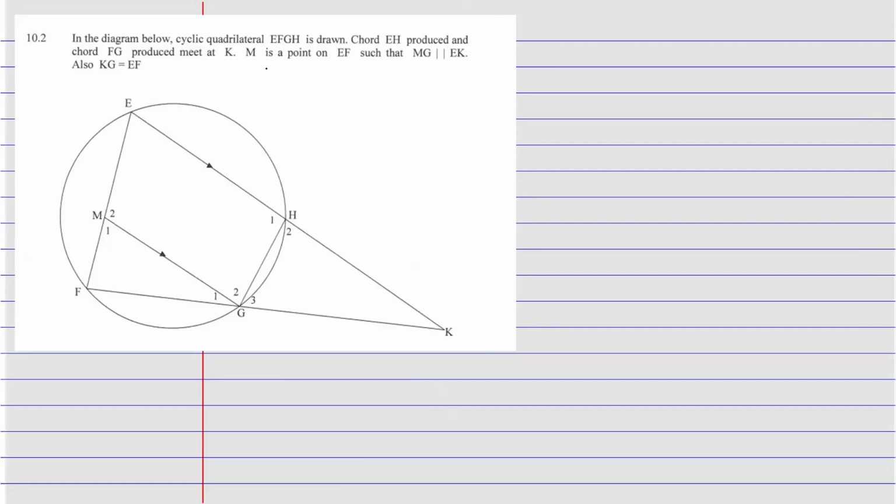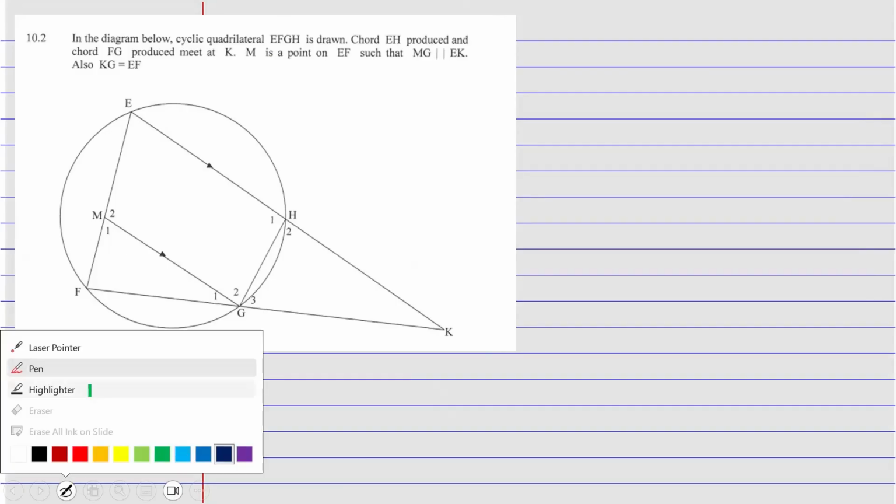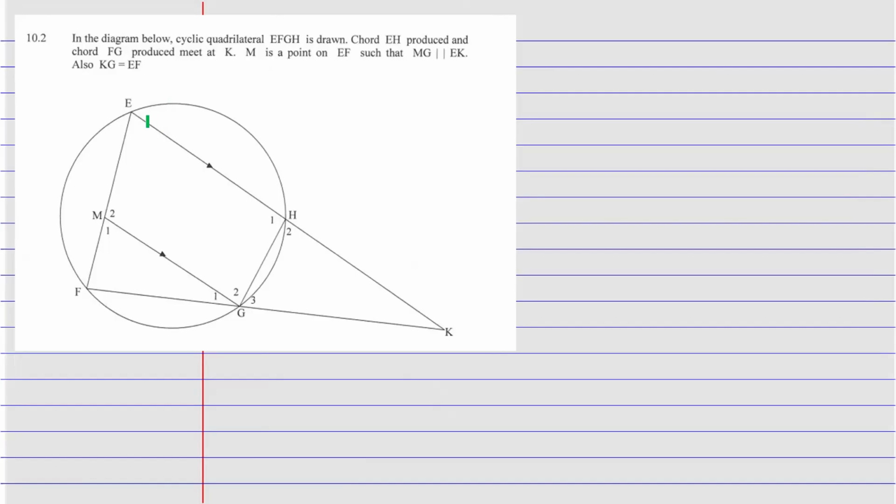They tell us that this is a cyclic quad, so since we know that, we have to put in properties that are related to a cyclic quad.